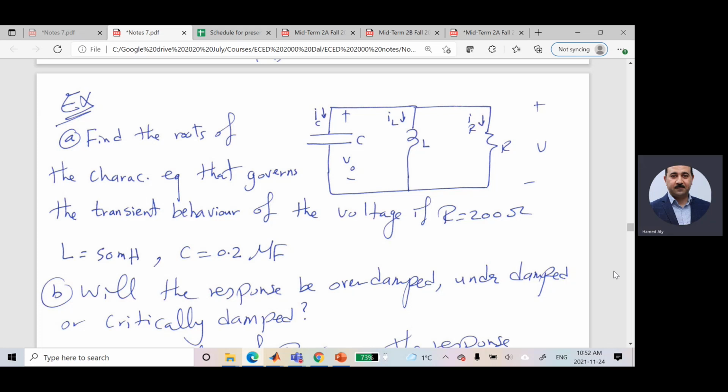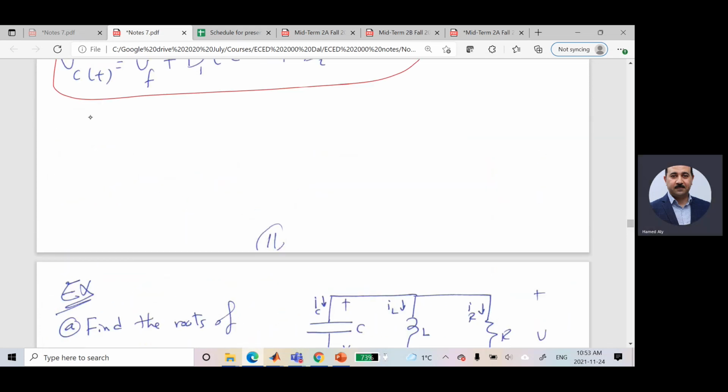In case of the capacitor, I is equal to C dV by dt, right? So let me write those. I know that VL is equal to L dI by dt. So if you would like to find dIL of 0 by dt, this is equal to VL of 0 over L. So you have to find VL first.